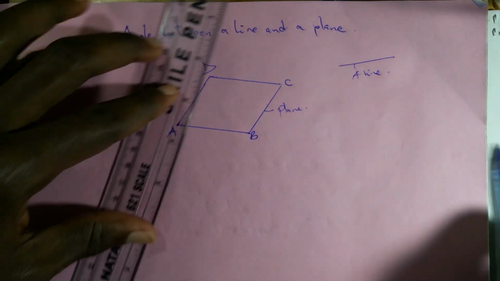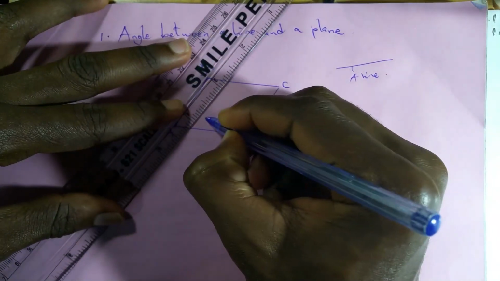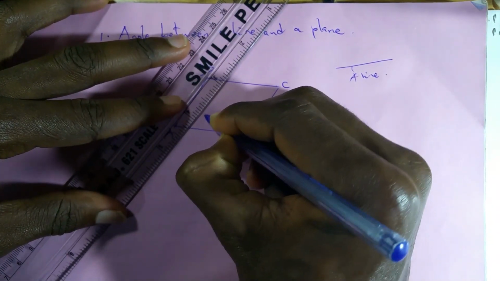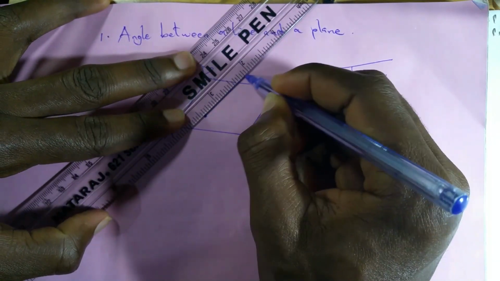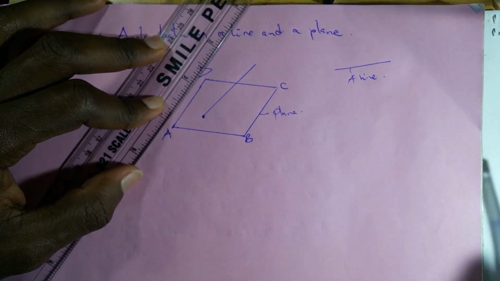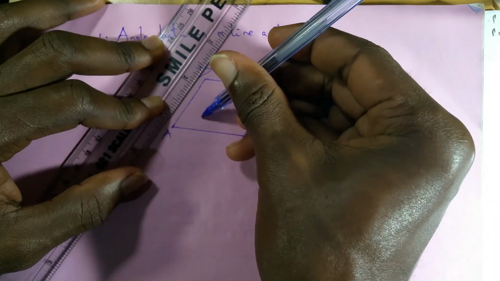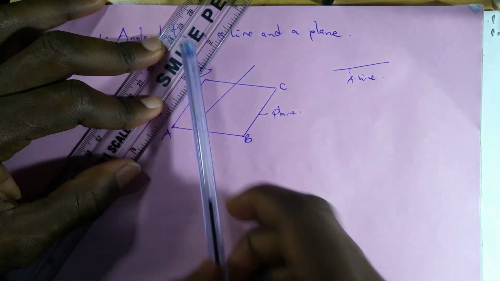Let's say the line is meeting the plane at this point, and let me draw it going there. Remember, when I was demonstrating with a pen, it's just standing at that point, not lying on it like the way you see the line.